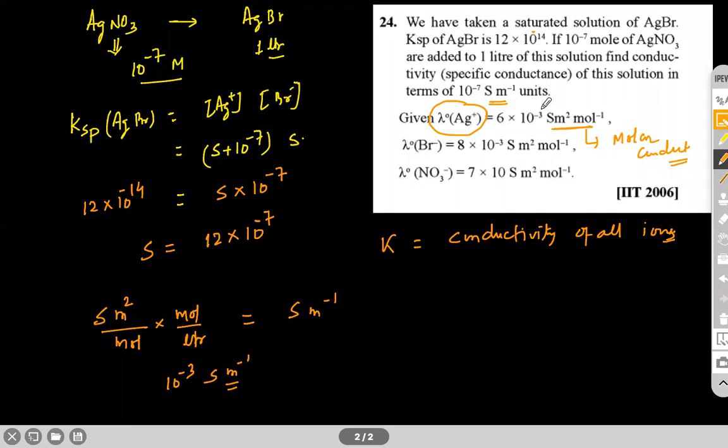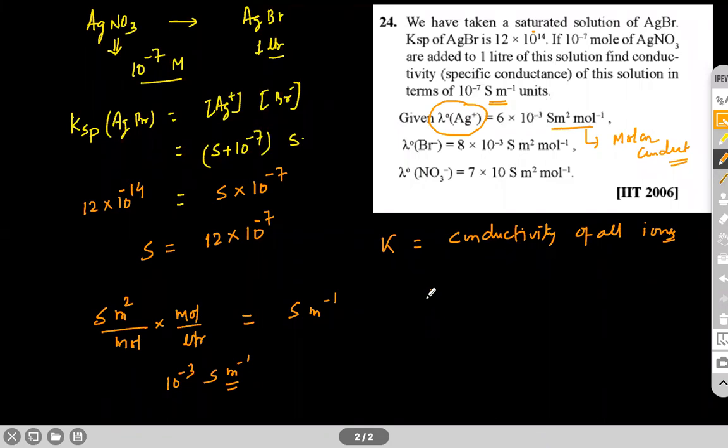So this thing, if you multiply it by concentration, suppose lambda naught m of Ag plus is equal to, into, if you multiply by the concentration of Ag plus, you will get kappa of Ag plus. Concentration of Ag plus divided by 10 to the power minus 3, that we need to do.